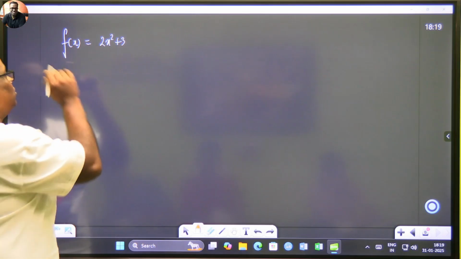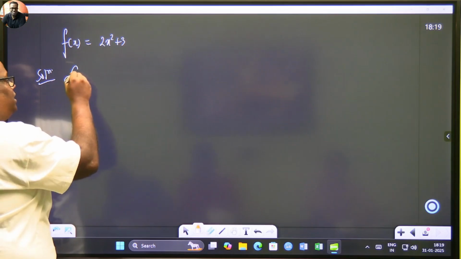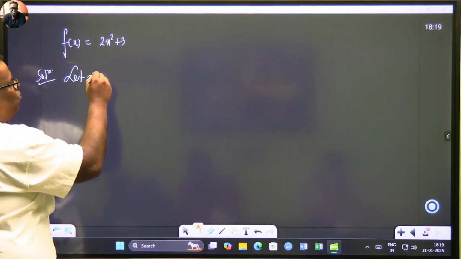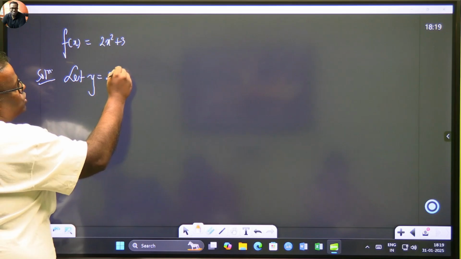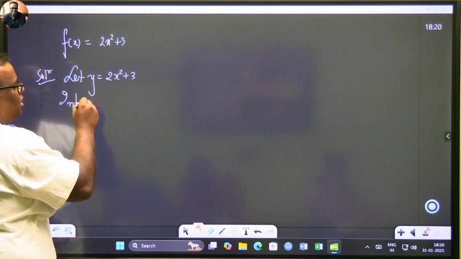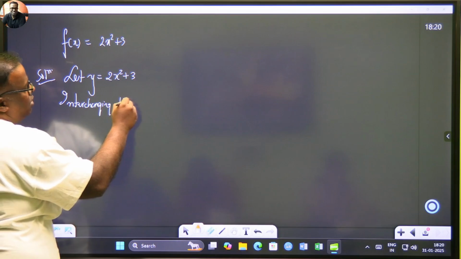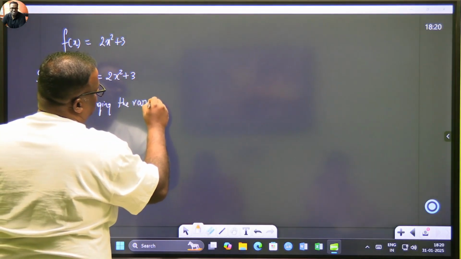But you should write your steps. How do you write the steps? Again, follow the procedure. Your book also explains this way. y equal to 2x square plus 3. Interchanging the variables.